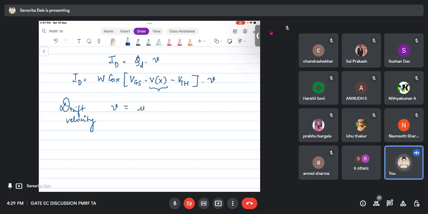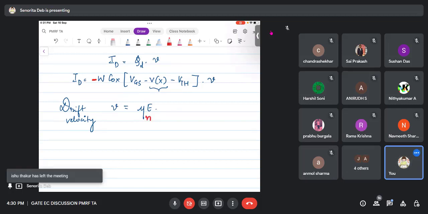One more thing that I missed is, since we are talking about an N MOSFET, the channel is due to electrons, so the current will have a minus sign to show the direction, right? And when I'm writing v equals mu E, this is mu n, and it can be written as minus mu n.